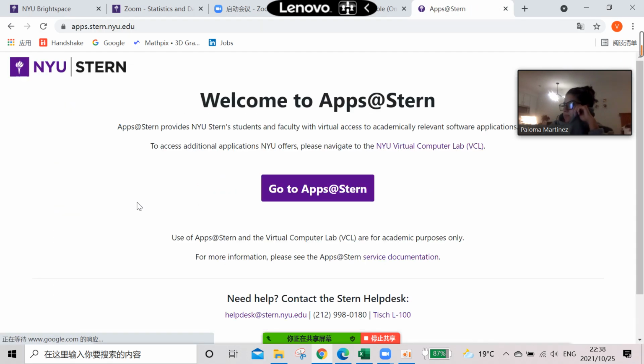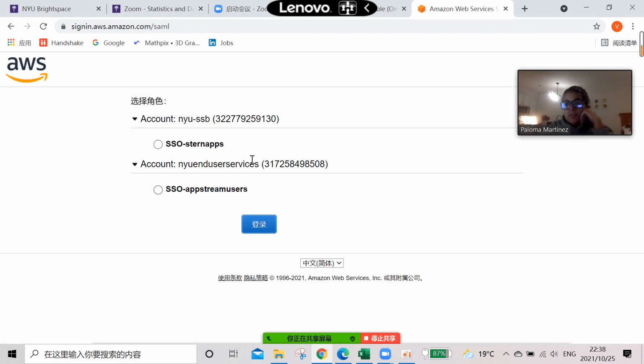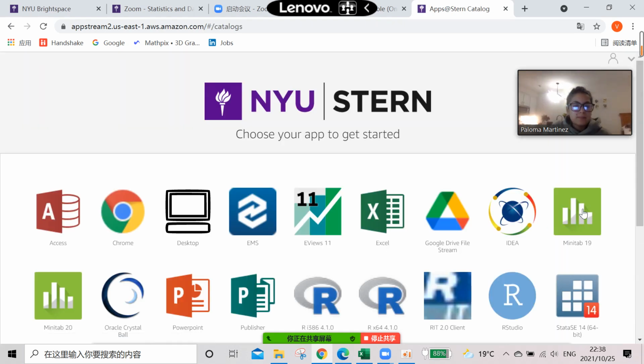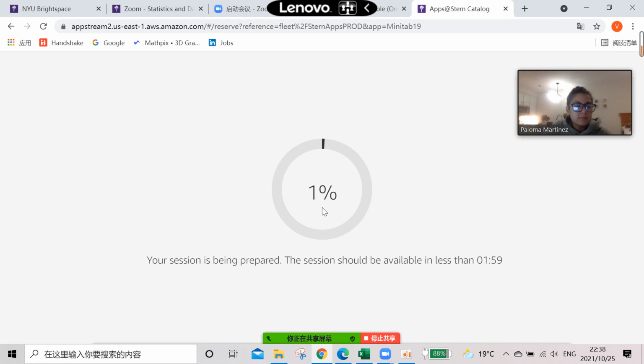Can you guys get access to Minitab 19? Do we have access to it? I think so. It's in the apps. Yeah, you just Google Stern Apps, the first one. Okay, hold on.